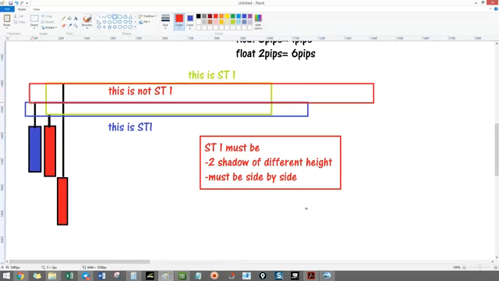This red one is not side by side because this candle and this candle are one candle. This one is ST1 because it is side by side. Candle color doesn't matter. It must be two shadows of different height, side by side.